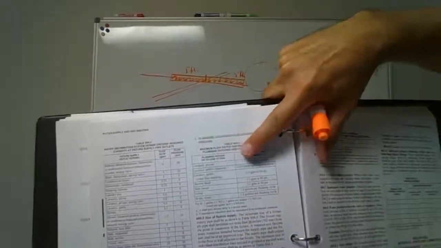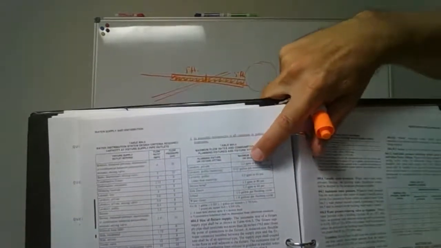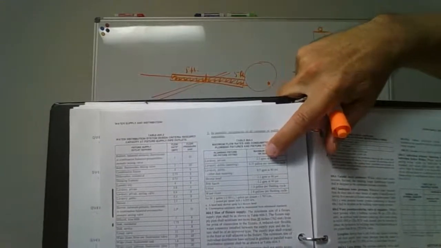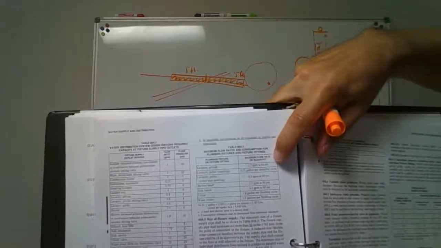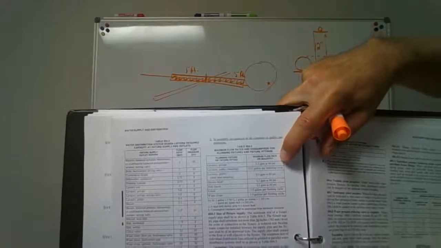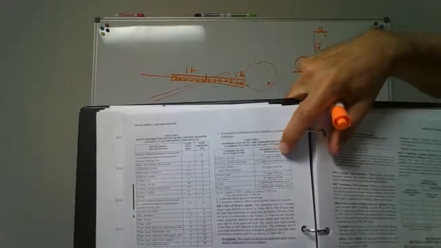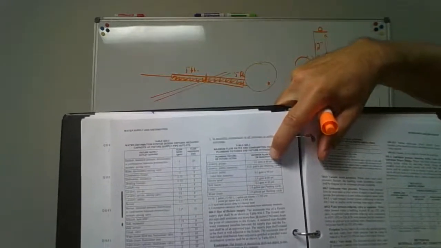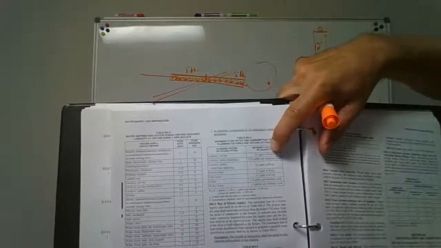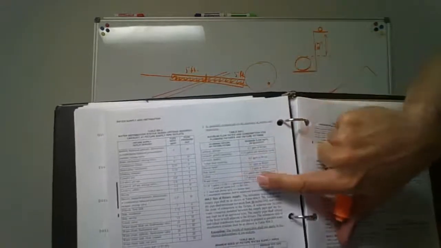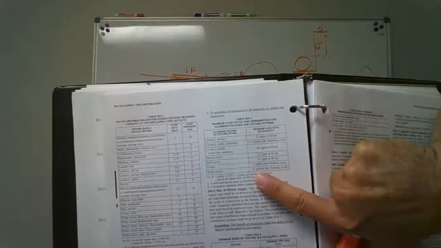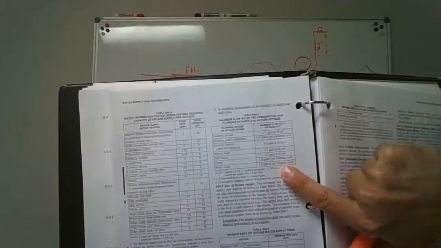Maximum for your lavatory private use, it shouldn't be able to flow more than 2.2 gallons per minute at a maximum of 60 psi. Okay, 2.2 gallons. So you see those there. For the water closets, you can't have more than a 1.6 gallon per flush toilet now.